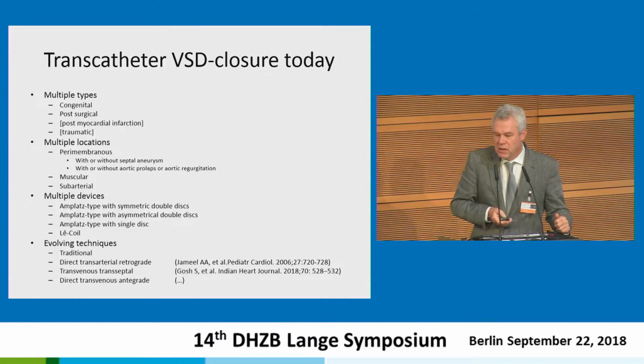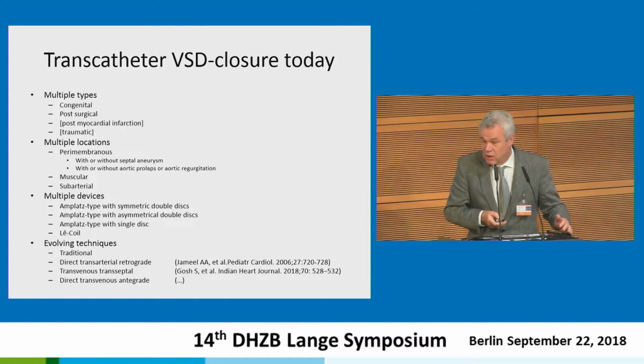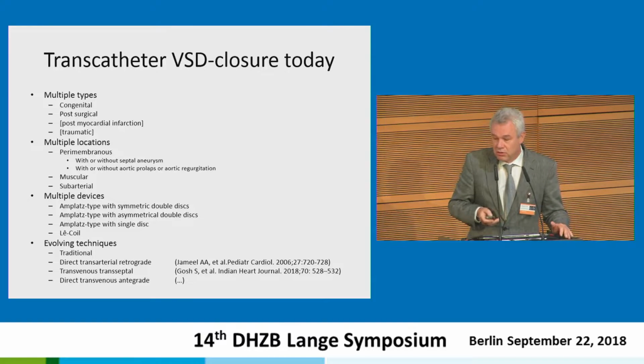We can do it in nearly all locations, as you already saw: perimembranous, with or without septal aneurysm, perimembranous with or without aortic prolapse or aortic regurgitation, muscular VSDs, subarterial VSDs. Multiple devices are used.